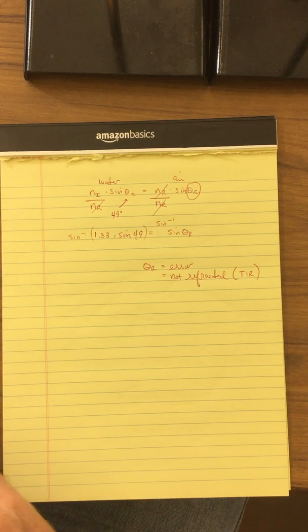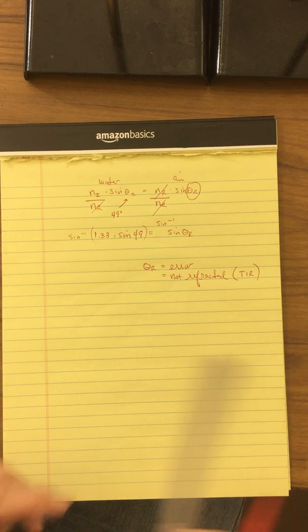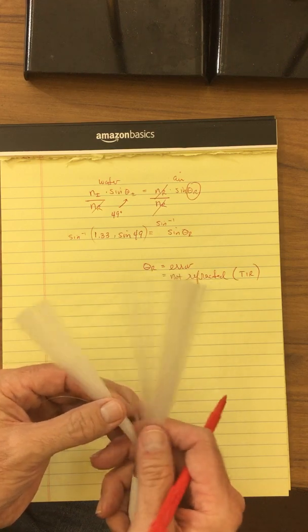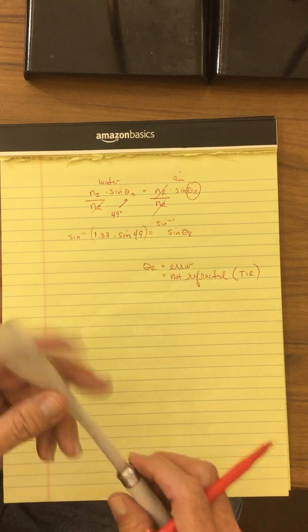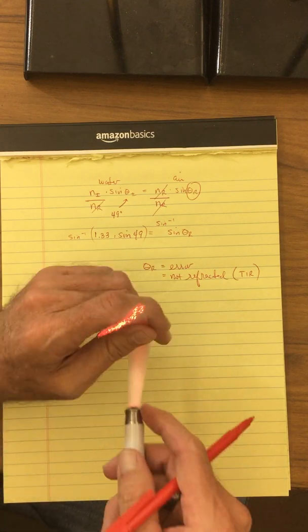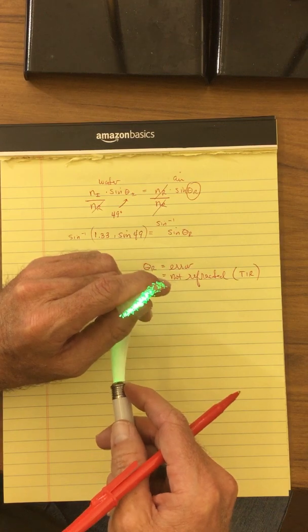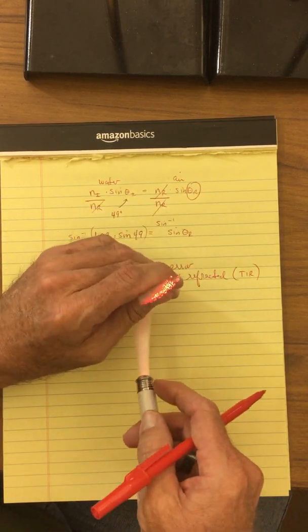So that's total internal reflection, and here's a couple places where we see total internal reflection. And one of the places that we see them are in these fibers, or in fiber optics. Light is able to travel down these fibers, and they come out the ends. This is how some signals are sent.